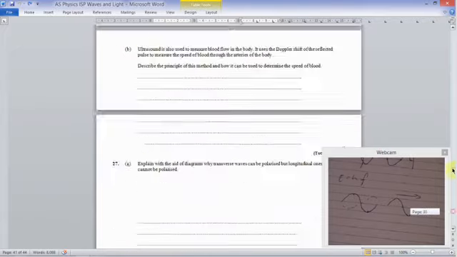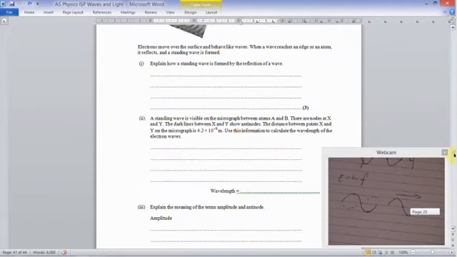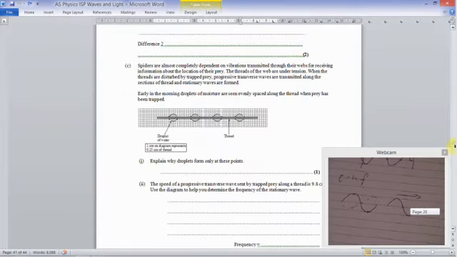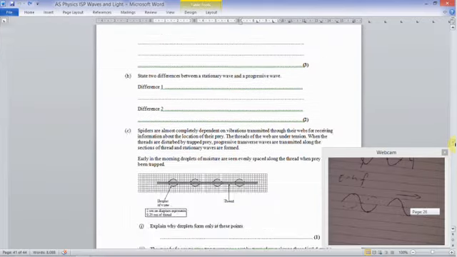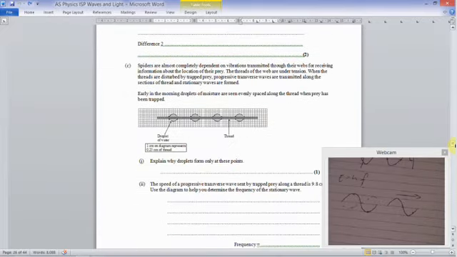Okay, let's have a look back at the question. There we go. So we've got droplets forming at these points over here. Spiders are completely dependent on vibration transmitted through the webs for receiving information. The threads of the web are under tension. When the threads are disturbed by trapped prey, progressive waves form and are transmitted along here.